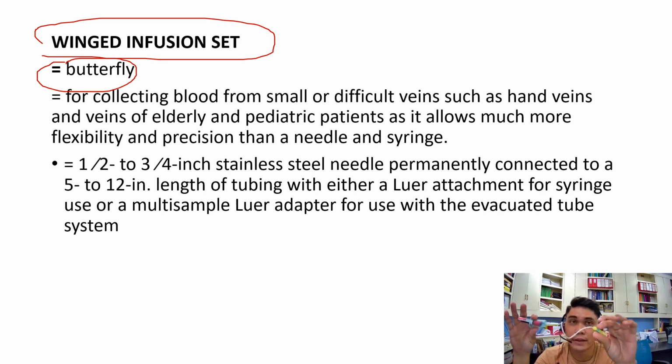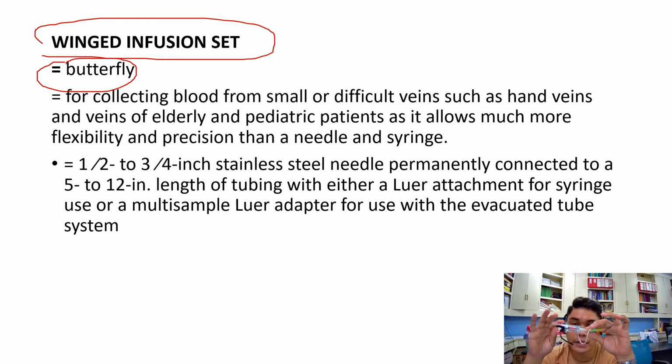And in the collection of blood using the butterfly infusion set, first, in the order of draw, you need to use a discard tube first before you follow the correct order of draw. Light blue, then red. So the first tube is a discard tube, a glass red stopper tube.